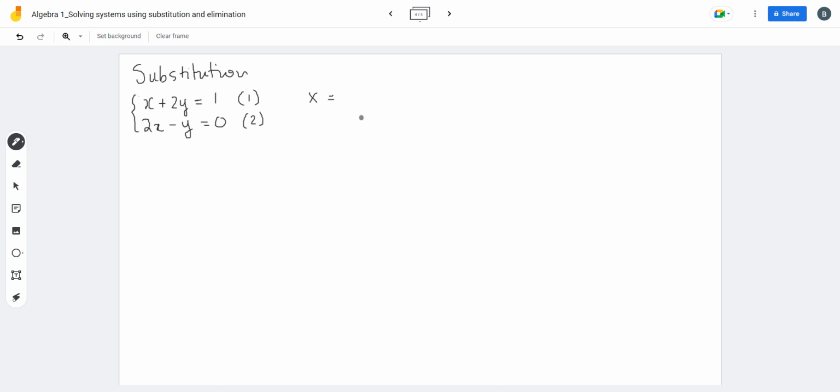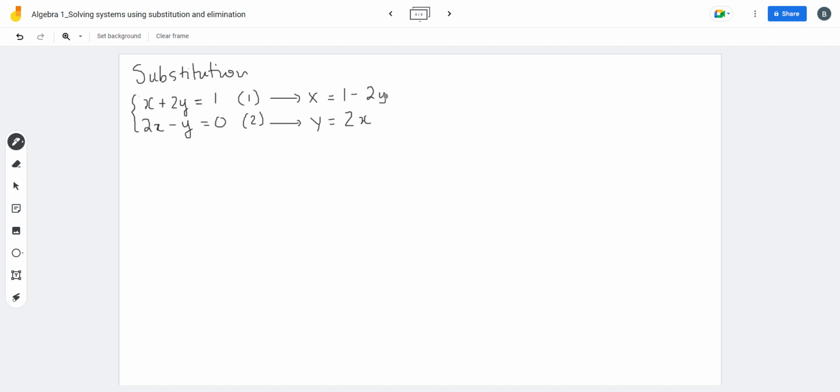So from equation 1, I would write x equal to 1 minus 2y. If you look at equation number 2, you can see that it's easier to rewrite y in terms of x, so you would have y equal to 2x.